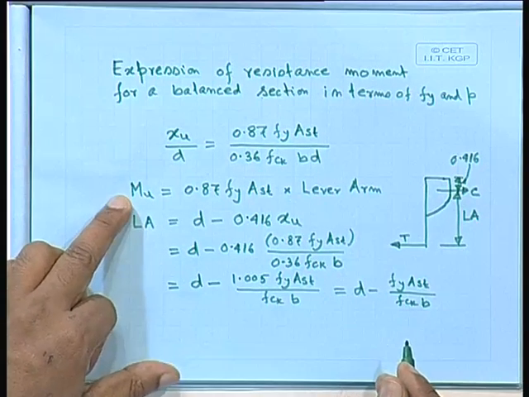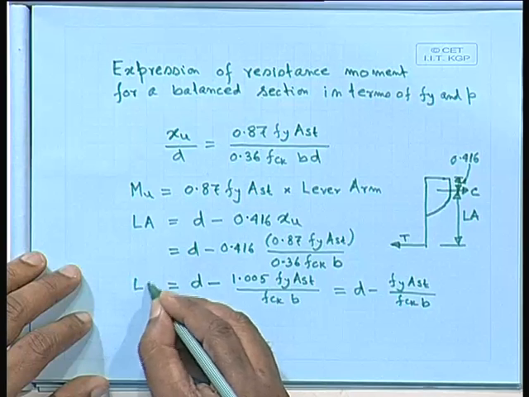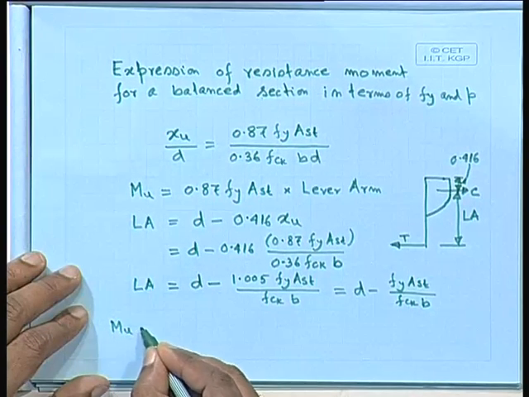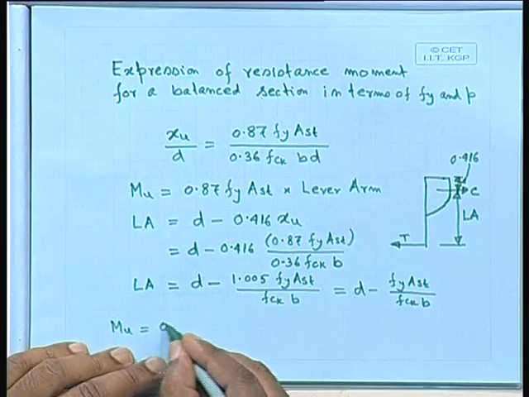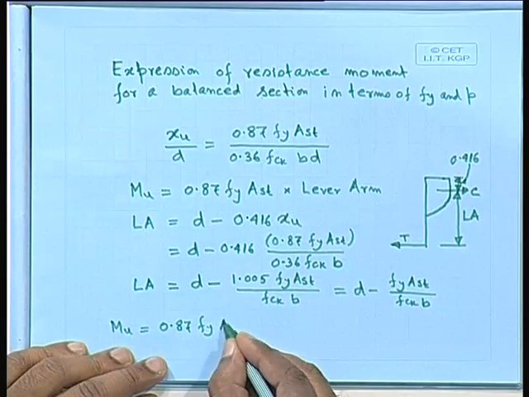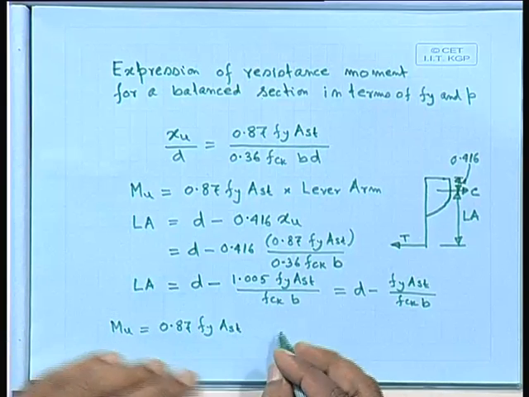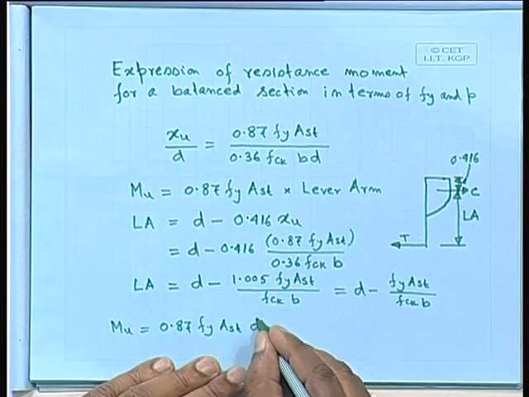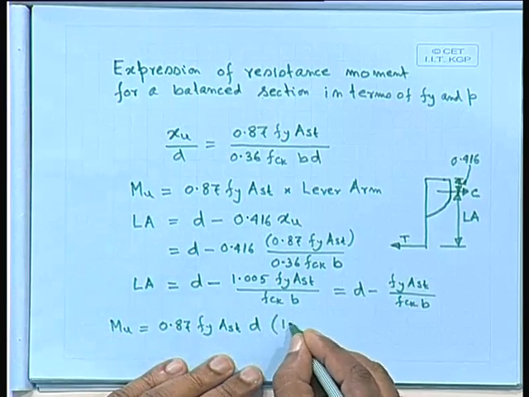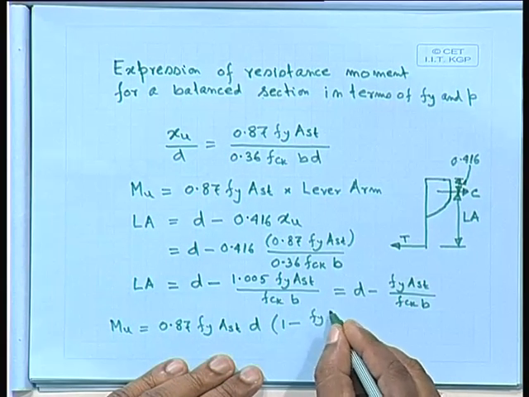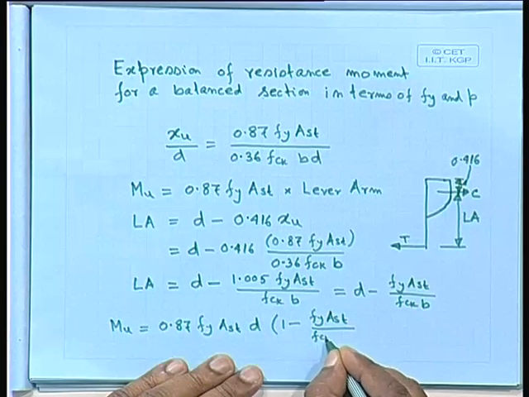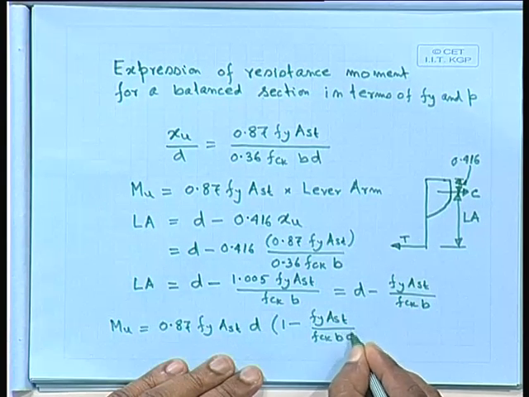Therefore, Mu will be equal to, this is your lever arm. Therefore, Mu equals 0.87 FOI AST times D, multiplied by 1 minus FOI AST divided by FCK times BD.